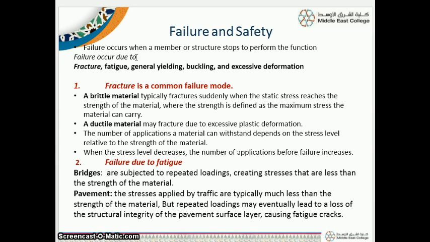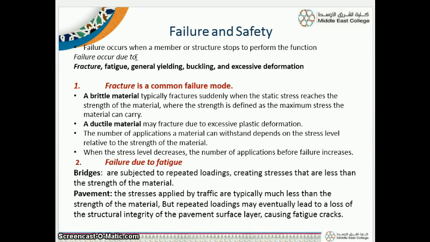Generally, fracture is a common failure mode. A brittle material typically fractures suddenly when static stress reaches the strength of the material, where strength is defined as the maximum stress the material can carry.